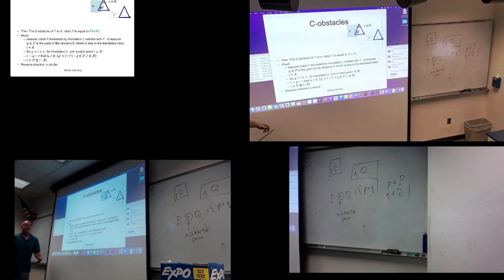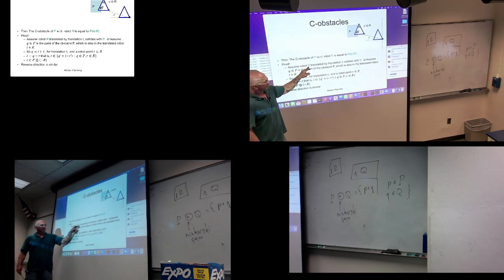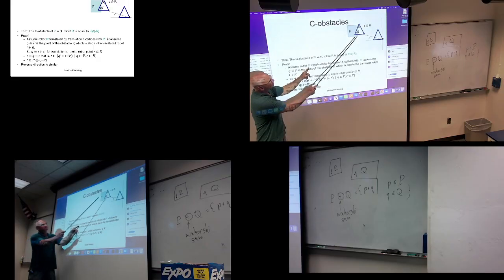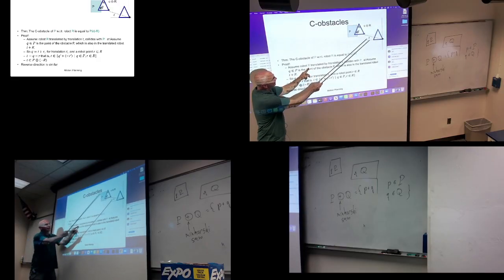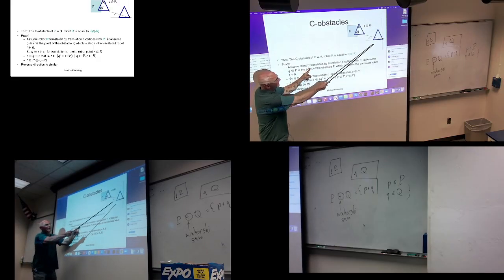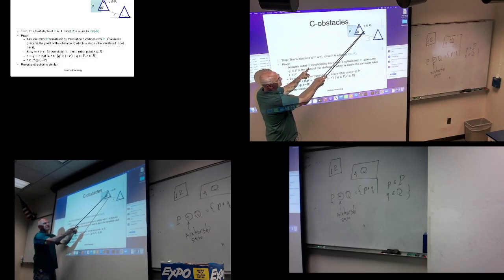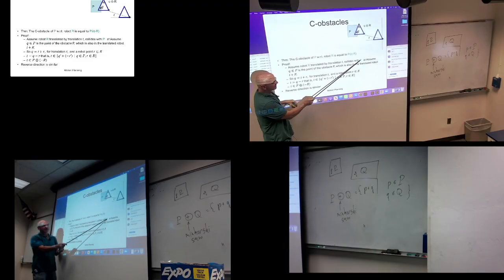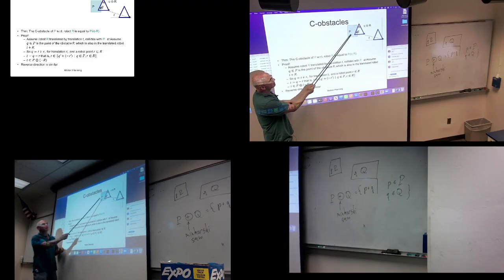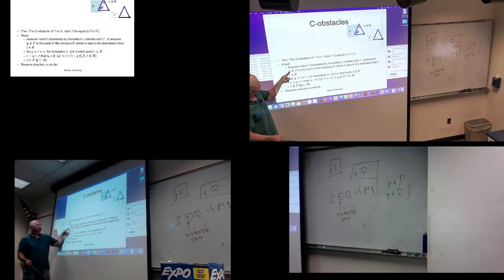Let's prove it. It's very, very easy. Assume that the robot R, translated by moving its corner by some translation T, now has some collision with the obstacle P. So I have some point Q that lies in the obstacle.